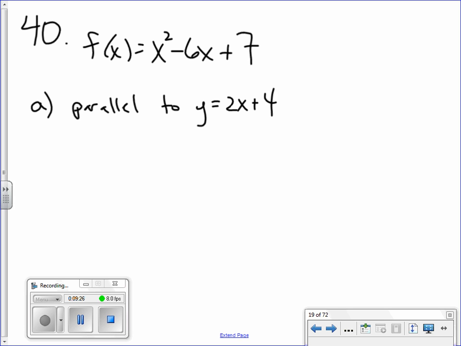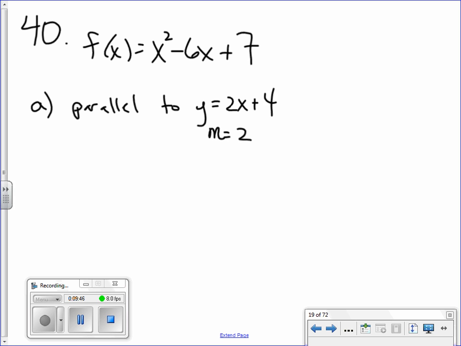So we're trying to write the equation of the tangent line that would be parallel to this line. What's true about parallel lines? Same slope. And can you tell me what the slope of this line would be? The slope of this line is 2.